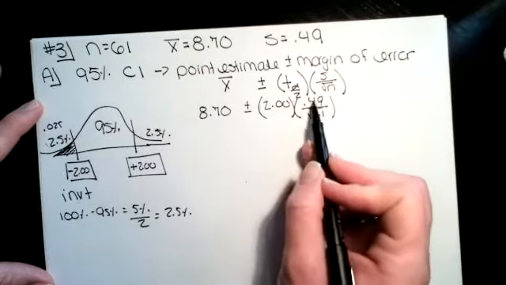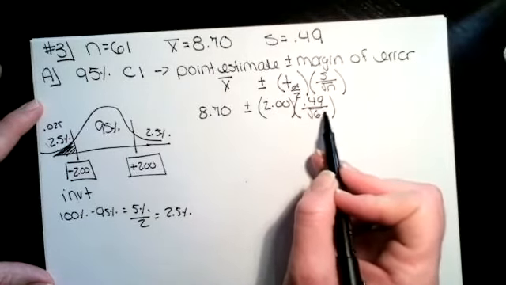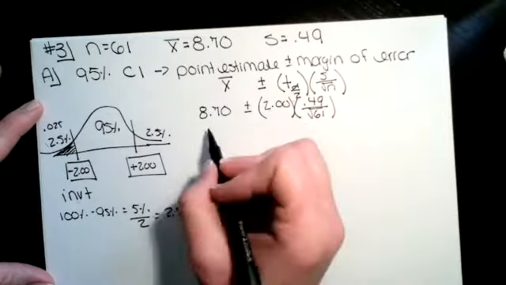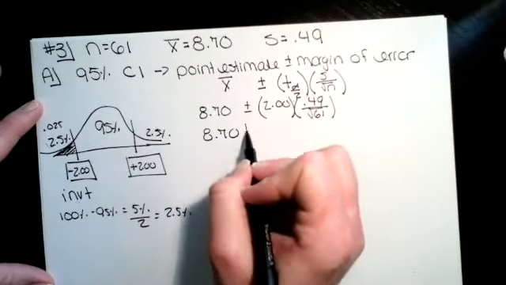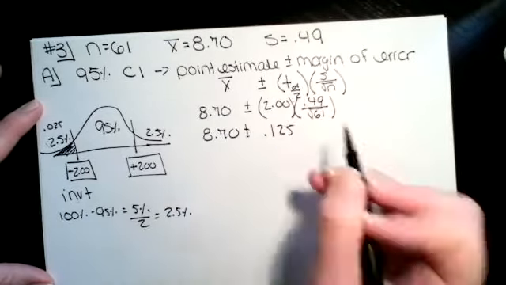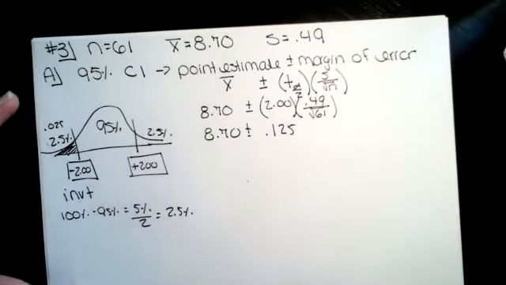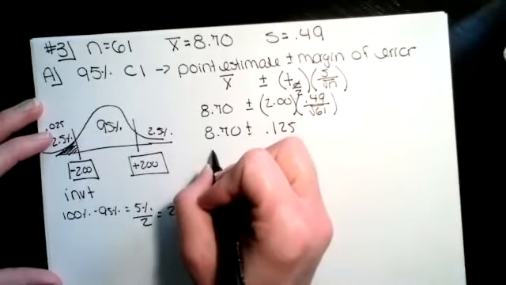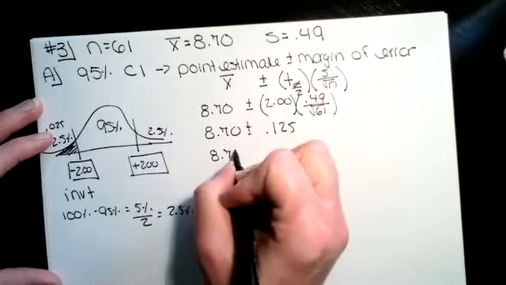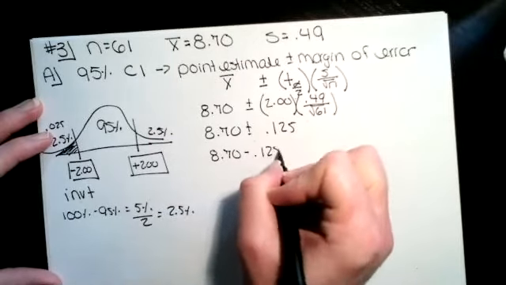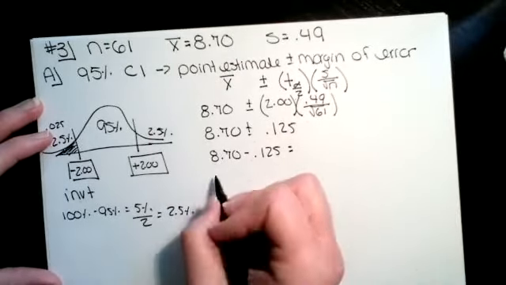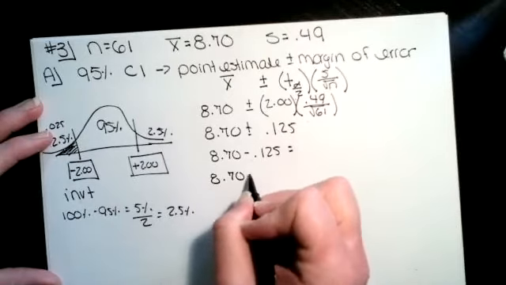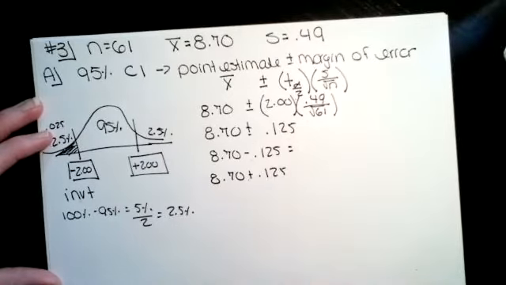So for this, when I divide 0.49 by the square root of 61 and multiply it by 2, I end up getting 0.125, I believe. Yep. So now for my upper bound and my lower bound. My lower bound is 8.70 minus 0.125, and my upper bound is 8.70 plus 0.125.